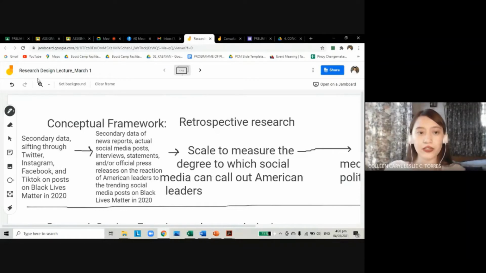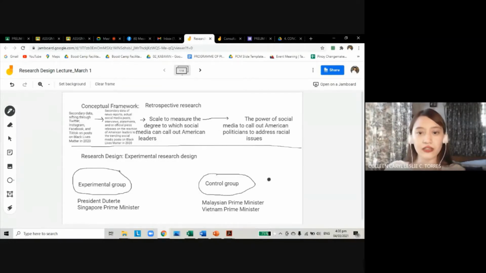Okay, so now we see the framework being that the information would flow, I think that is basically the flow. Of course, we look through the social media posts first, and then the effect of the posts on the politicians' reactions, and then we develop the scale to measure the degree to which social media can call out world leaders. And in analyzing the scale, we will determine the power of social media to call out politicians.